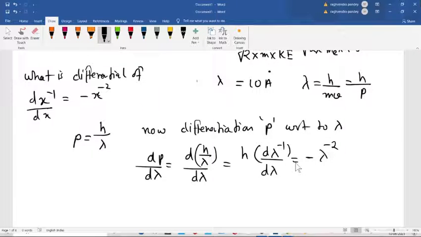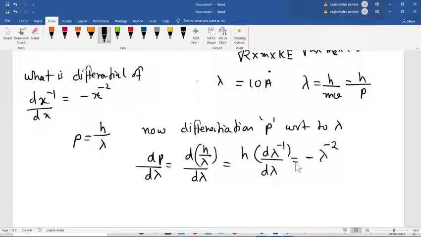So dp upon d lambda is equal to h upon lambda square; sorry, I forgot to write the h. Or we can write dp is equal to h upon lambda square d lambda.